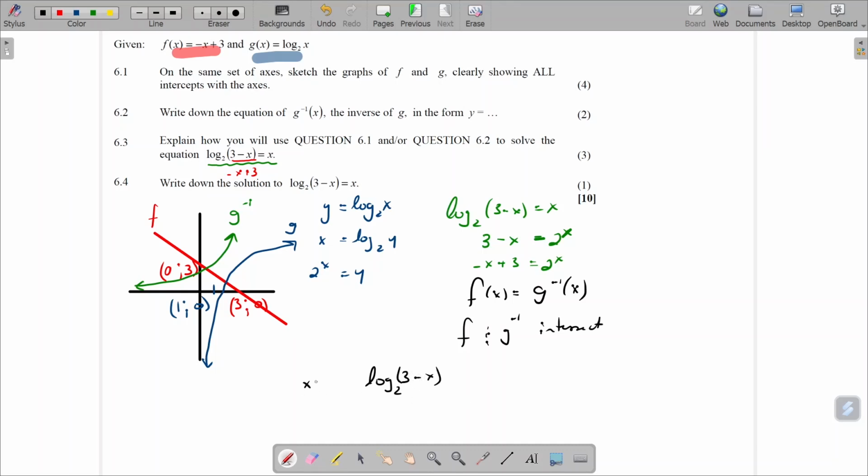If I make x equal to 1, I'm going to get log 2 of 2, and we know that this is a log identity, and that log 2 of 2 is going to be 1. And we've got our solution, because if x equals 1 and we're getting an answer of 1, that must equal x, which is what they've asked us to solve. So 6.4 sorted.